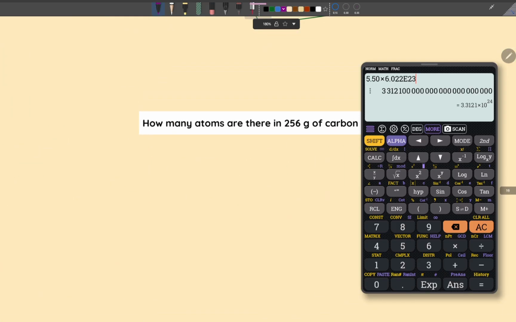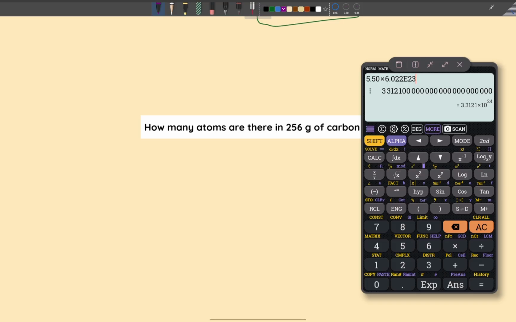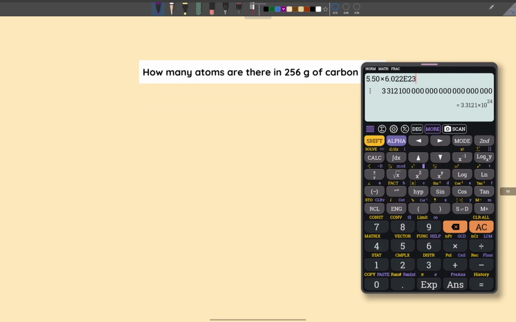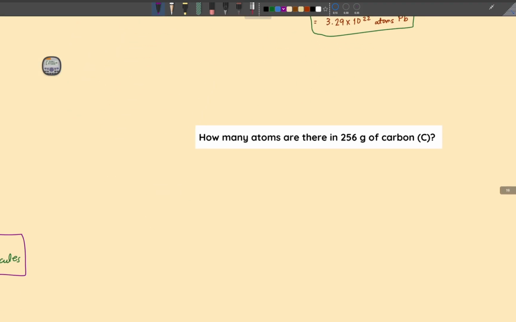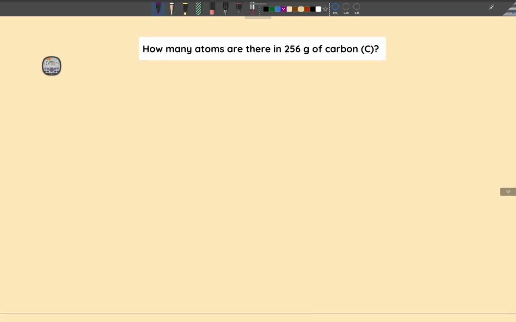Another example. How many atoms are there in 256 grams of carbon? So that's grams. You have to convert that first to mole and then to atoms.